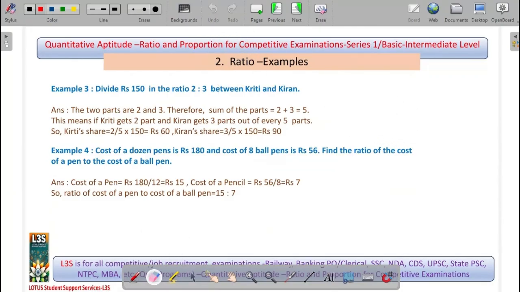Next example: divide 150 in the ratio 2:3 between Kriti and Kiran. So there are two parts. The sum of the two parts is 2 plus 3, which is equal to 5.